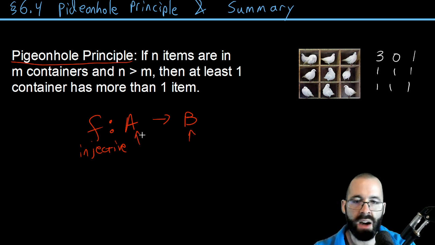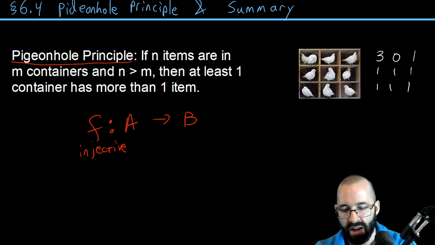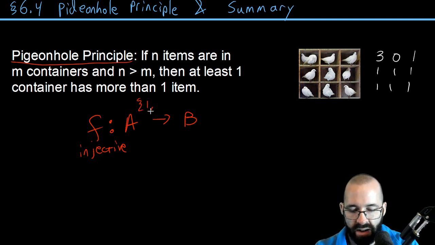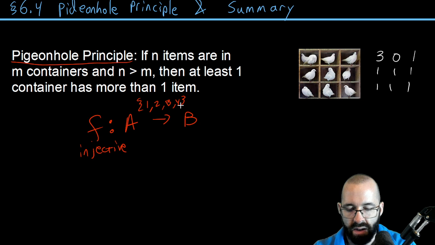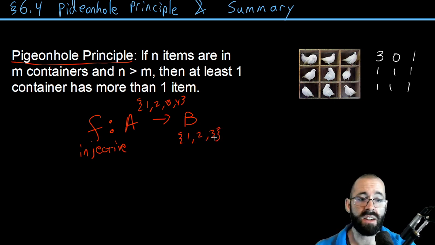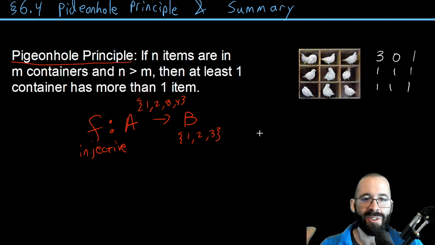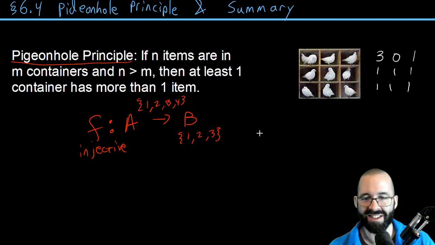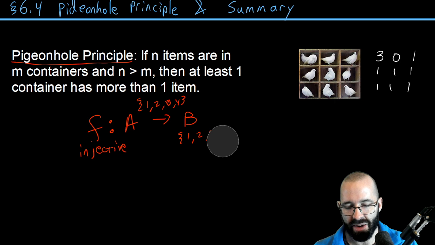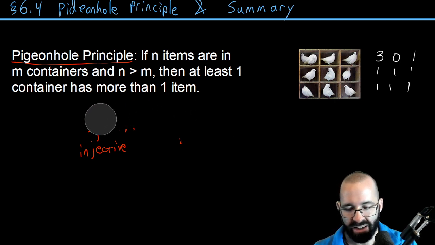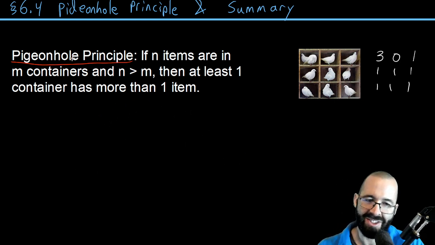If our domain is 1, 2, 3, 4, and our codomain is just 1, 2, 3, it can't be injective. There's no way to make an injective function from these 2 things. So that's another way to talk about the pigeonhole principle, which is fun because it ties in topics from our first 2 chapters on sets and functions. But the point of the matter is, you don't need to know that, but it's just fun.